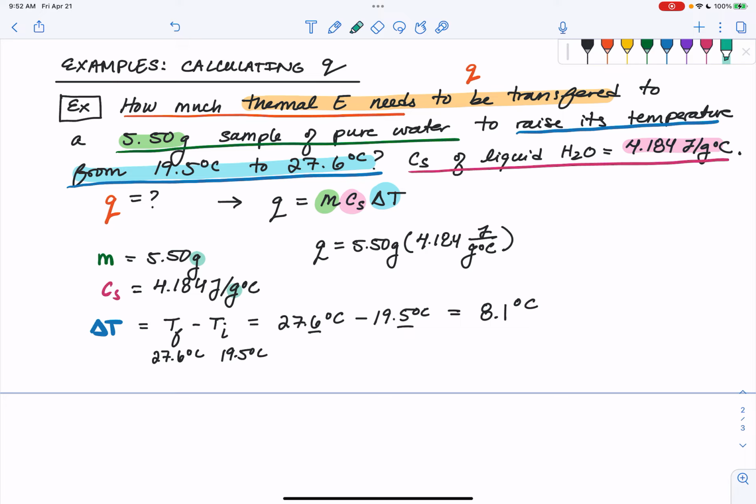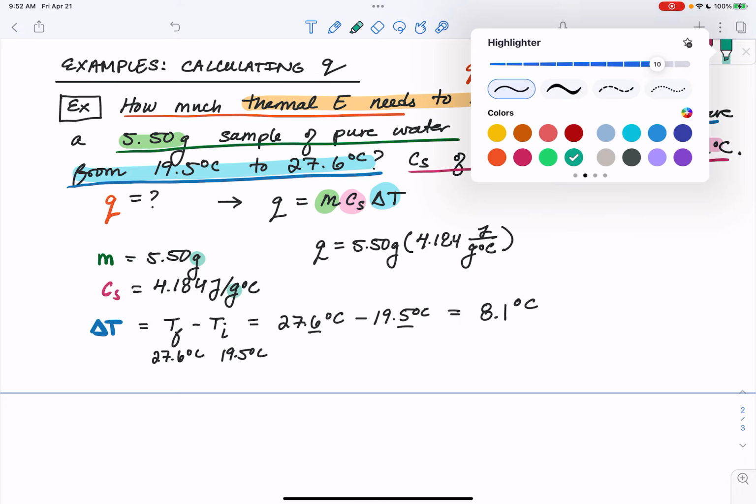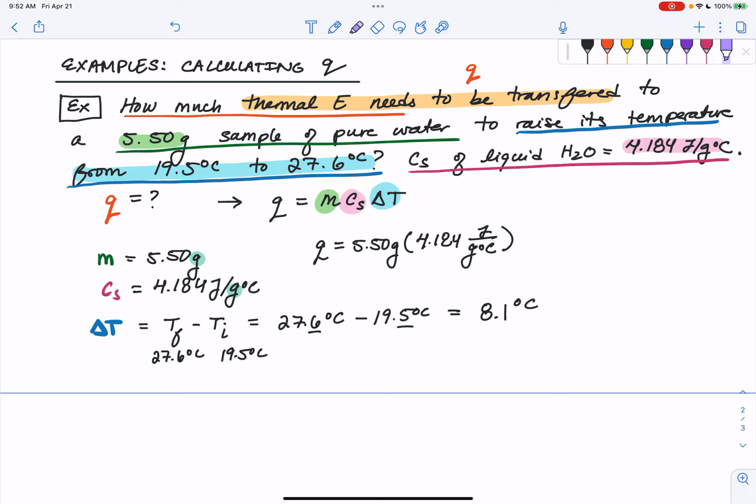And then let's check that our temperature unit will cancel. So I have my delta T in degrees C. I've also got degrees C in my specific heat capacity, so I'm good to go there.